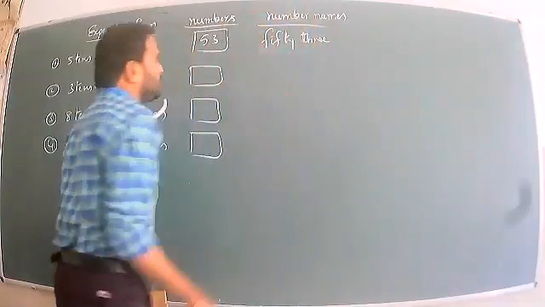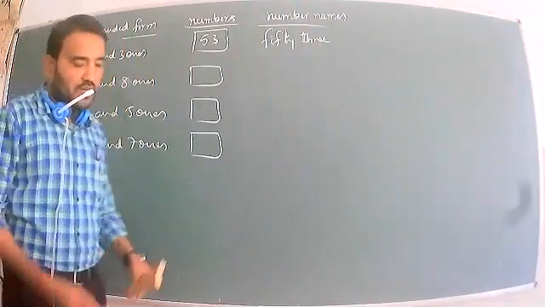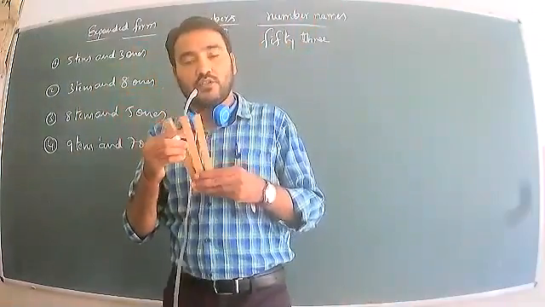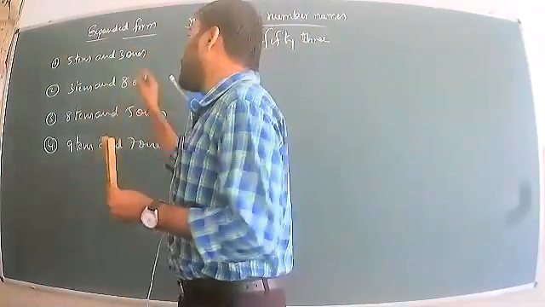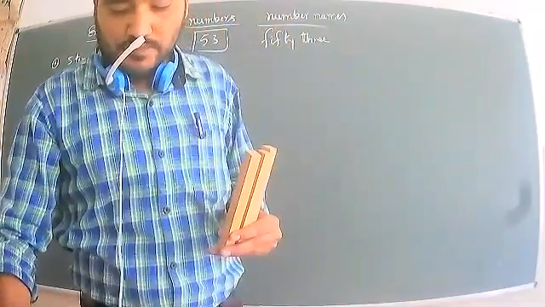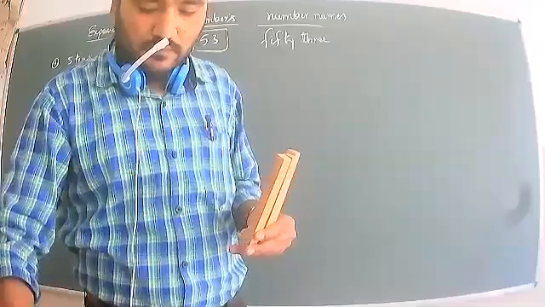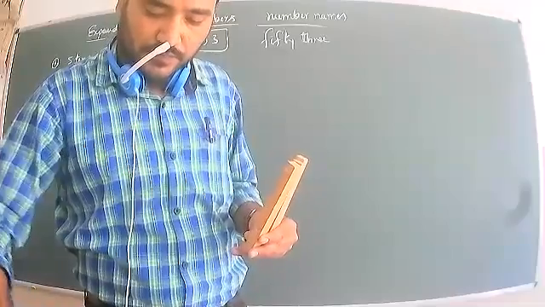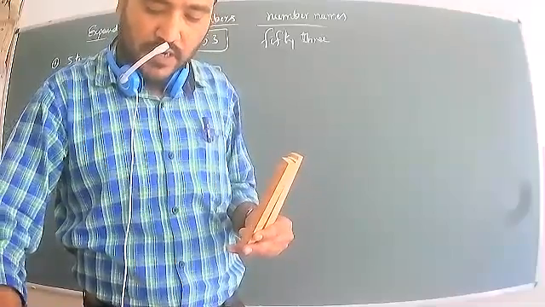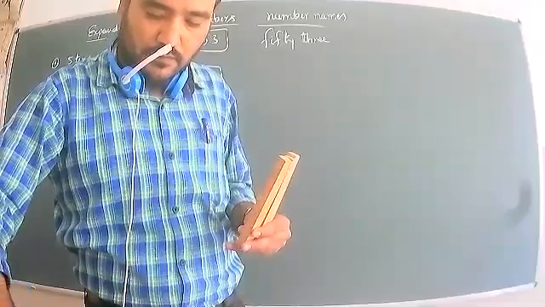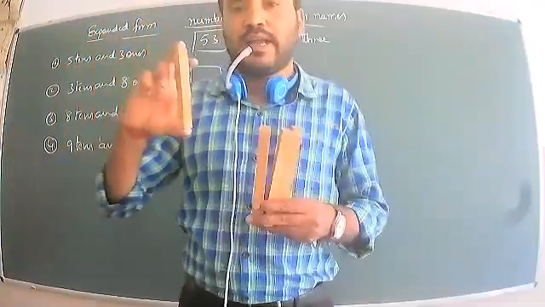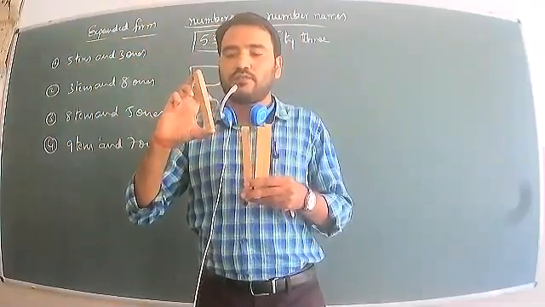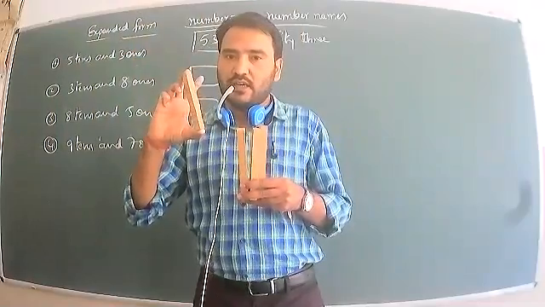What about 3 tens? 1 tens, 2 tens, 3 tens, that is 30. Plus how many ones? 8 ones. So 30 plus 8: 31, 32, 33, 34, 35, 36, 37, 38.